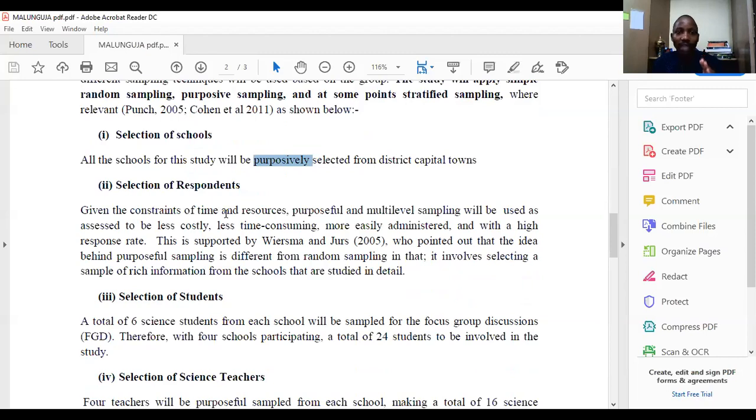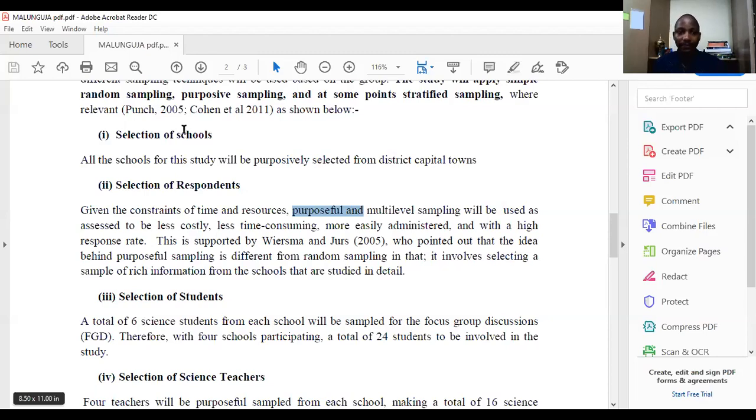Given the constraints of time and resources, purposive and multi-level sampling will be used, assessed to be less costly. So for the selection of respondents also, he will use purposive sampling. For the number of students, parents, and others, he will use purposive and multi-level sampling. The reason for that is low cost.